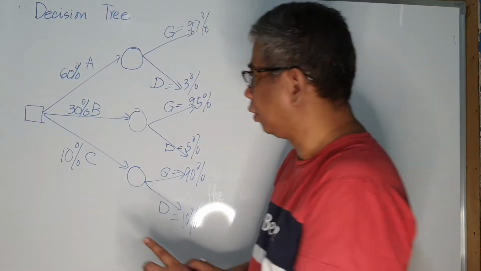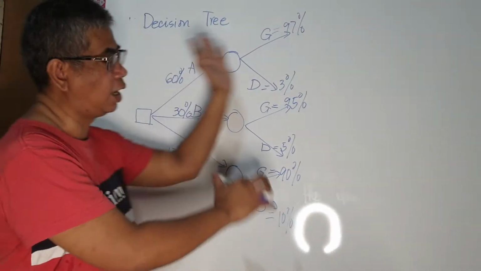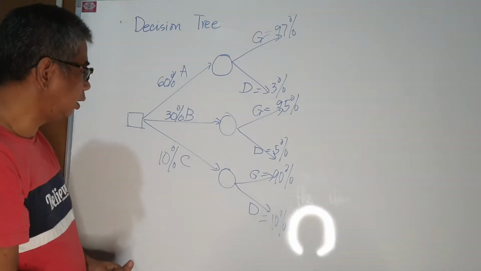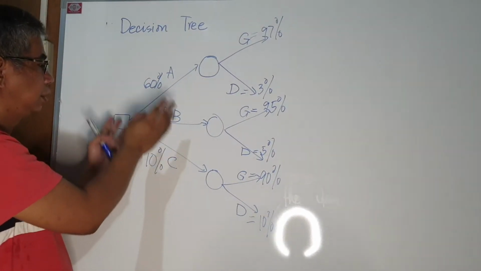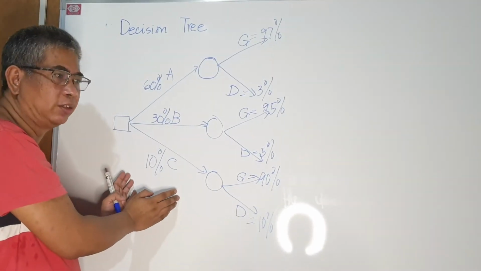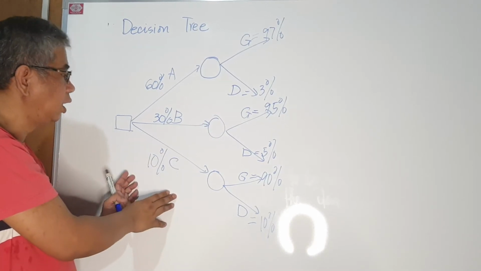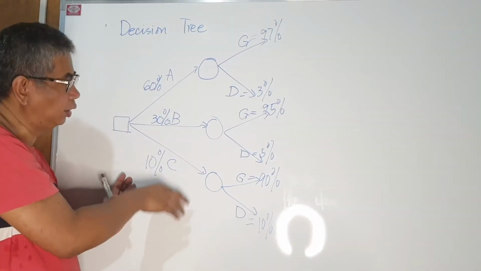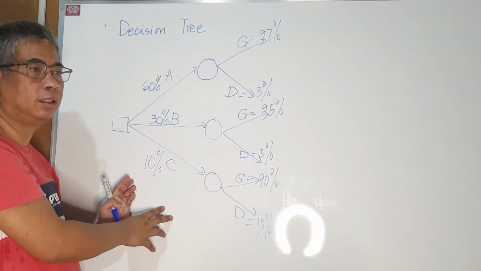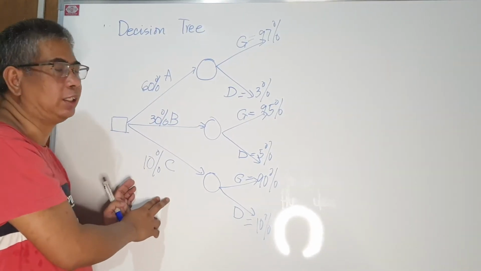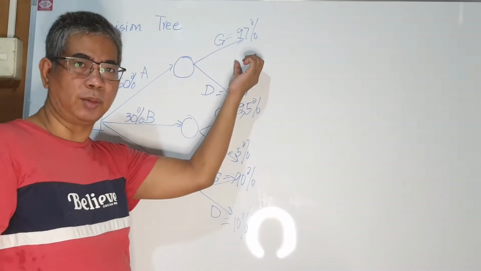Okay? Oh, recall lang ha. These are the parts of a decision tree. Okay? Ang tawag natin dito ay prior probability. So, initial estimate or initial probability. So, prior probability by definition is a simple probability. Okay? Or marginal probability. Tapos ito, these are what we call conditional probability.